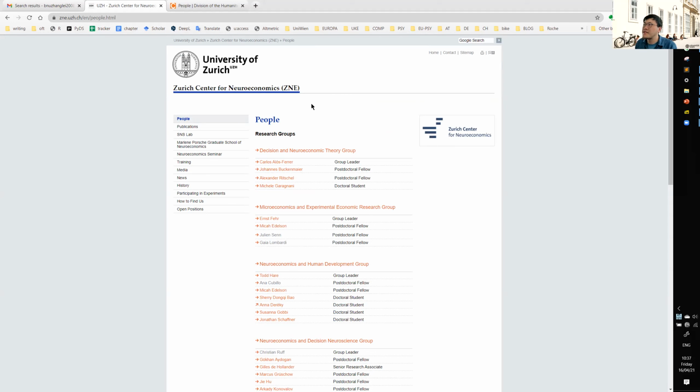And the interesting part is, this lab is not based in the faculty of psychology. It is based in the faculty or Institute of Economics in Zurich. And if you know a little bit more of the background, Zurich is quite business and bank oriented, so their department of economics is quite strong, and that's also why they established the center, I think, more than 10 years ago.